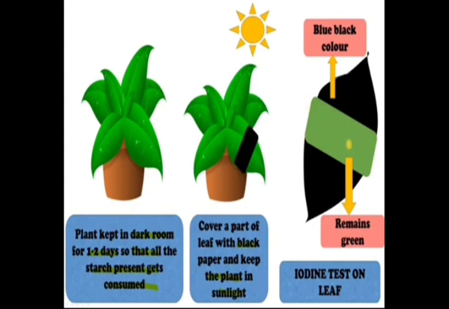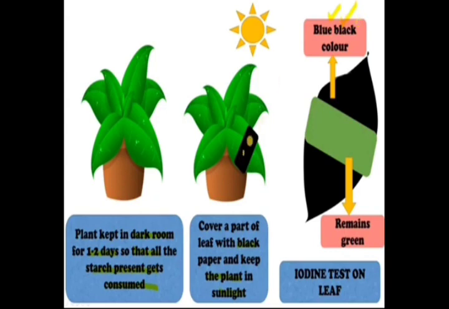Why does it happen? Look at here. In the portion which is covered, the sunlight does not reach properly. So without the presence of sunlight, it is not possible to synthesize food. And you have to understand one more thing. Only leaves have the capacity to synthesize food. No other part will synthesize food. Only the leaf will prepare food, and that also in the presence of sunlight.